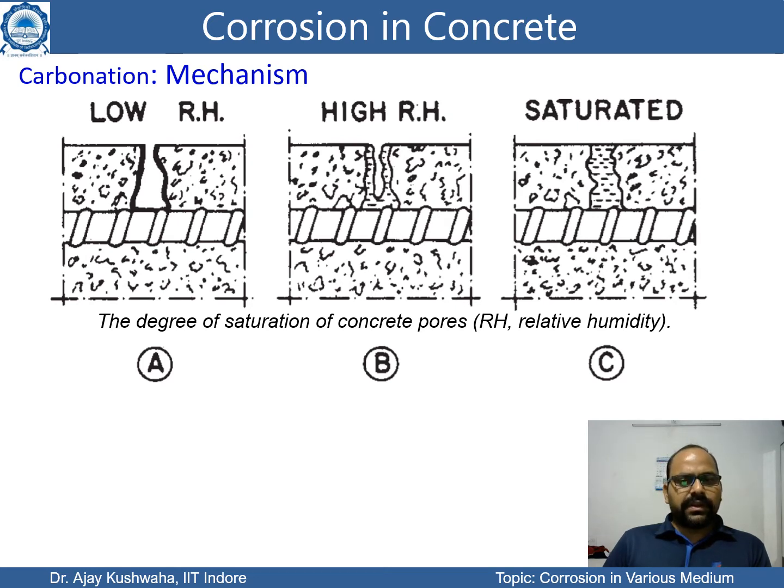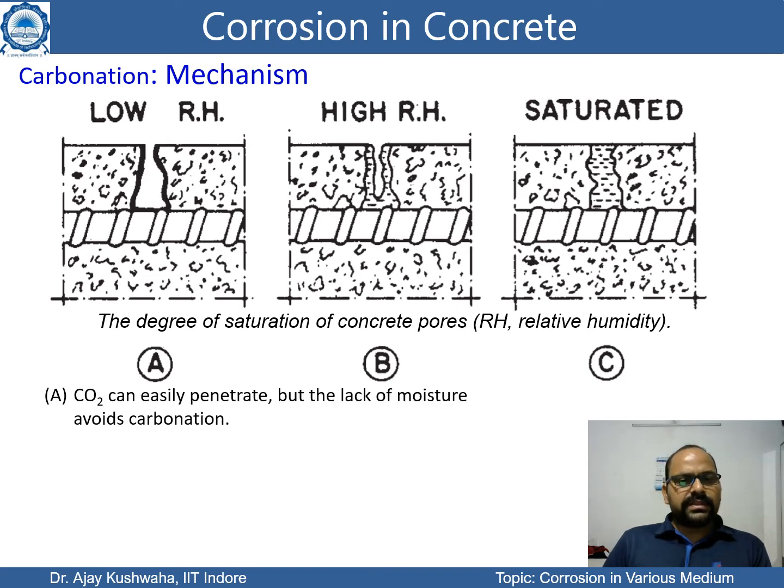So you can see the degree of saturation of the concrete pore, figures A, B and C. Figure A says CO2 can easily penetrate because there is very little water present, but the lack of moisture prevents carbonation. So carbonation is not very possible because this is a dry system, and the humidity value is very low. In the second case, optimum moisture content for carbonation.